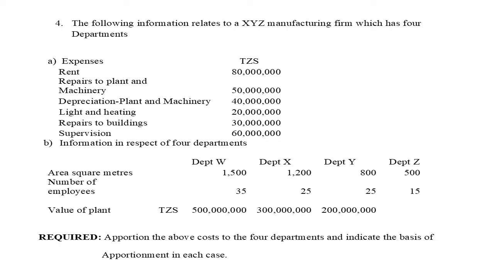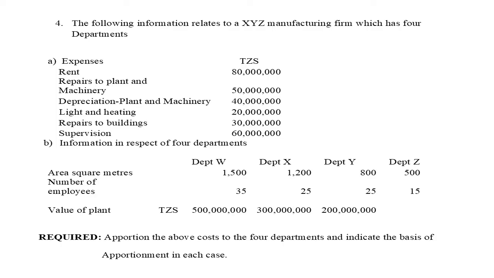So how do you know which information is really close to rent? That is a case of common sense. I don't think that to share rent you would use the number of employees. That would be very strange.